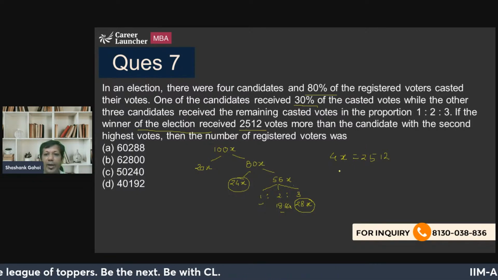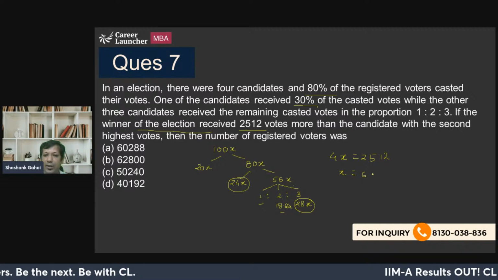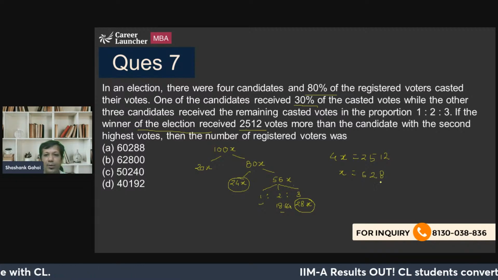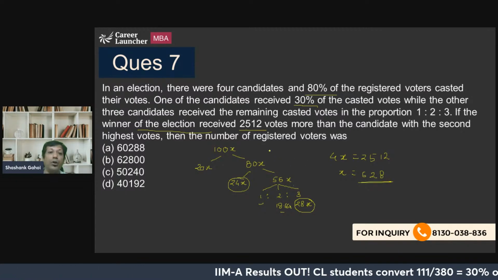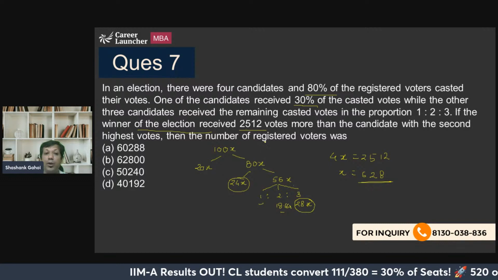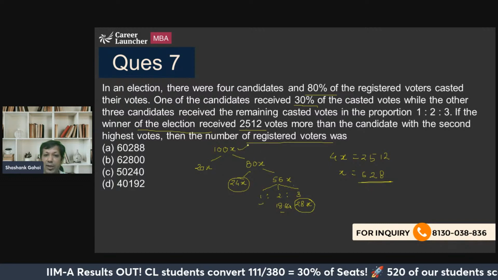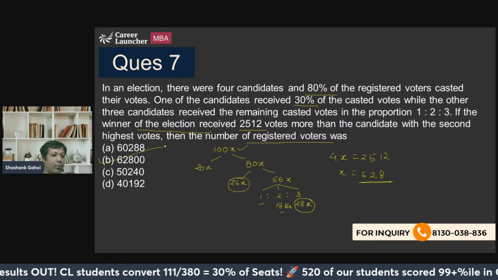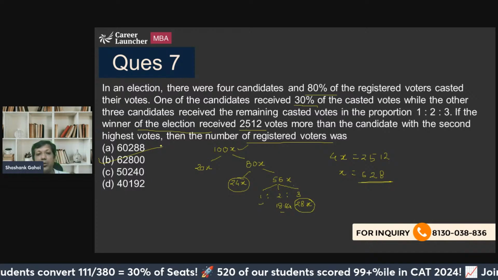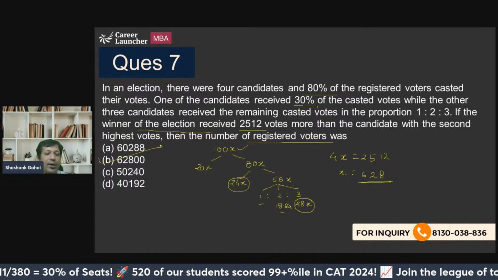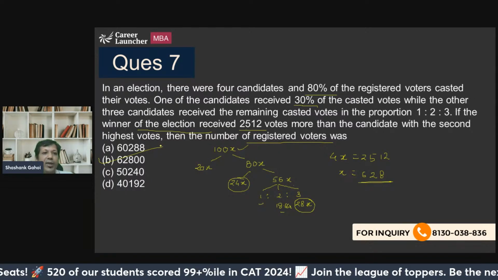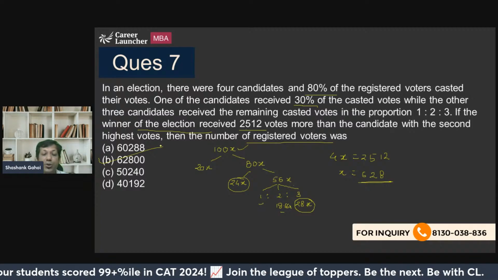So from here, x is equal to 628. What is the total number of voters registered? That is 100x. So the answer of this question is option B, that is 62,800. That's how we can get the answer to these questions.